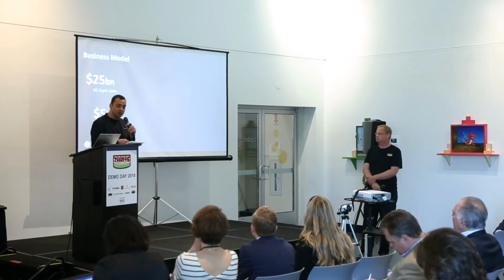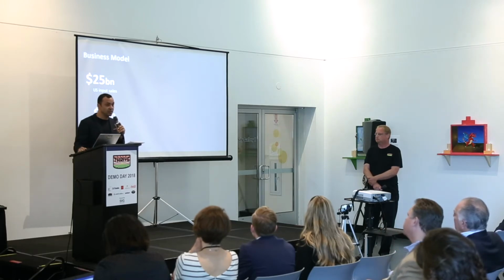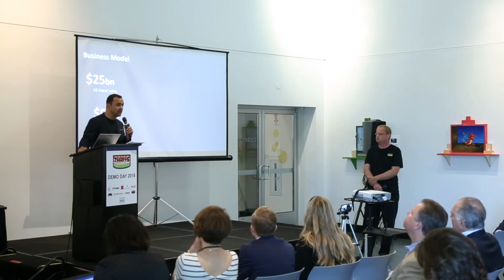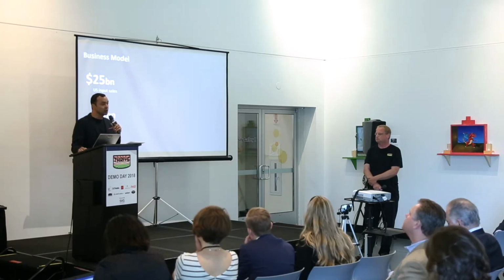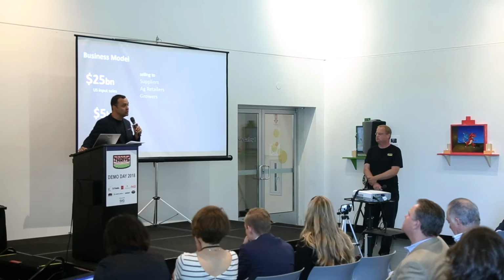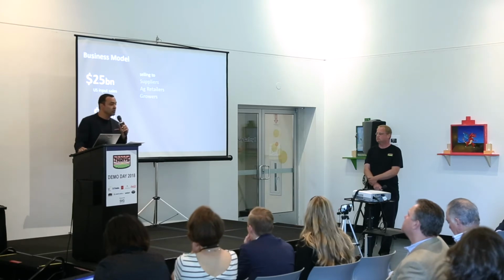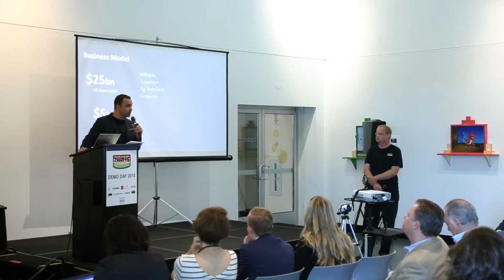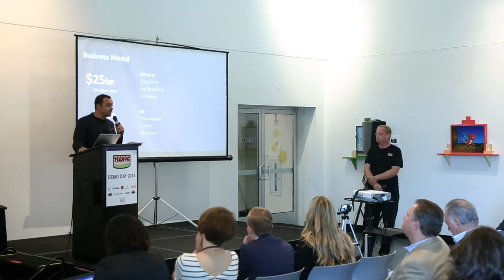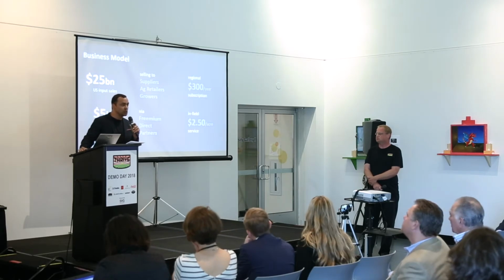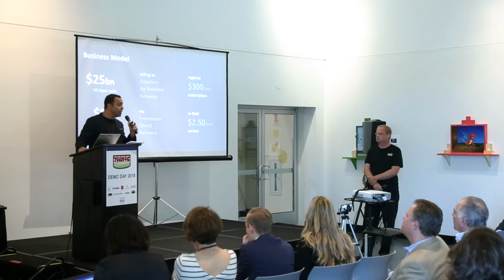Let me tell you about the business model. Crop protection input sales in this country, it's a big business, it's 25 billion. Precision agriculture, which is the industry that places that chemistry, is $5 billion and growing rapidly. We sell through a variety of channels, primarily to suppliers and retailers, and we monetize it, as we said, $300 per subscription in our test market. And then when Todd wants to come in and ask, hey, can you check my farm?